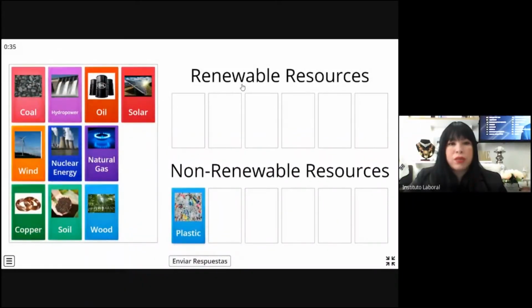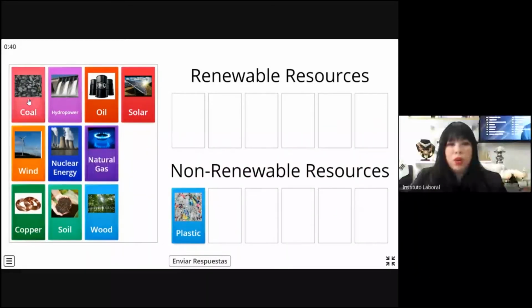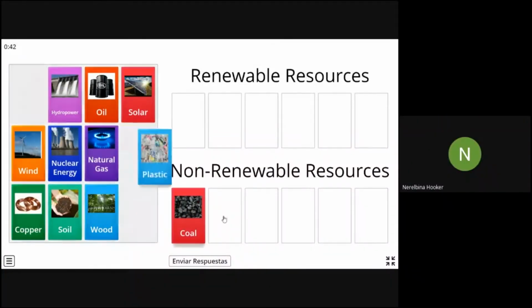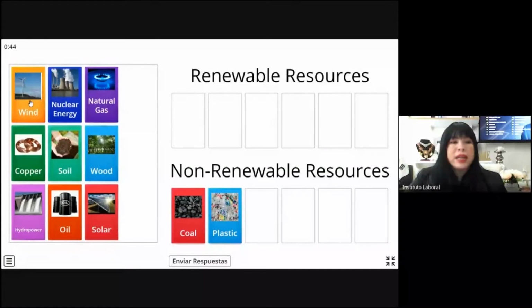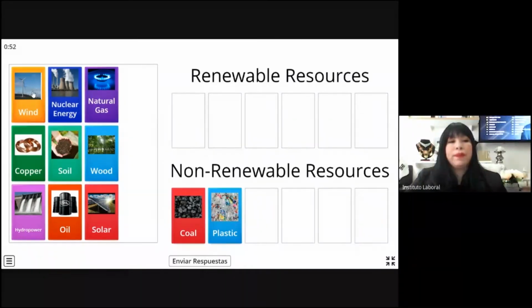Do you think coal is renewable or non-renewable? Non-renewable. Okay. Wind. What about wind energy? Is the wind a renewable or non-renewable resource?